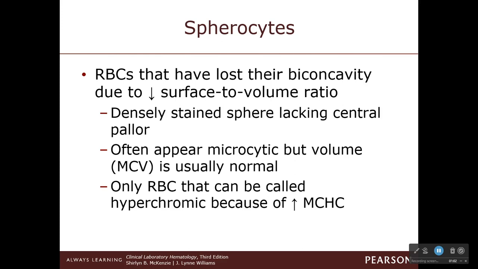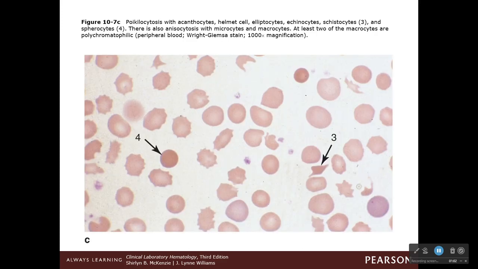We've talked about spherocytes already, so this one's not a new one to you guys, but here is some writing about the spherocytes and where they come from and why they happen. And number 4 is the spherocyte. Notice how much darker it is compared to the rest of them because it has that hyperchromia, right? So it has more hemoglobin than the size of the cell.